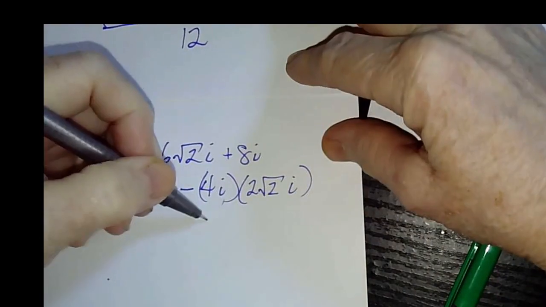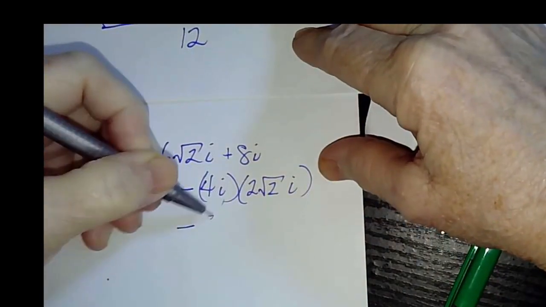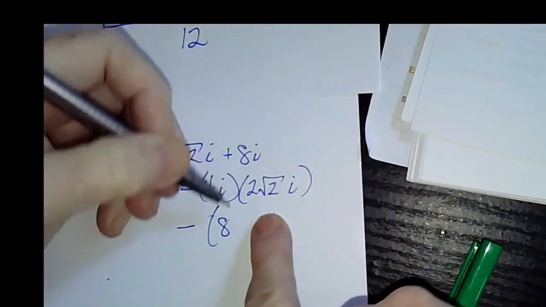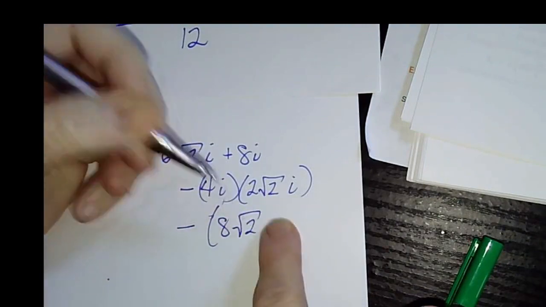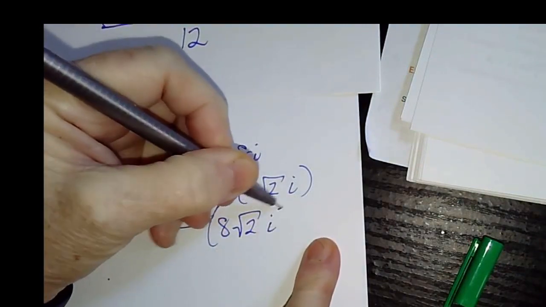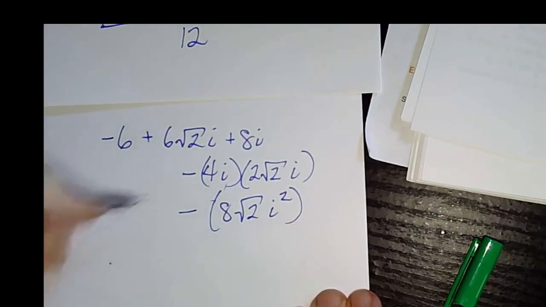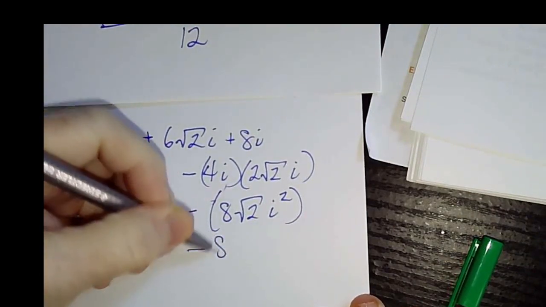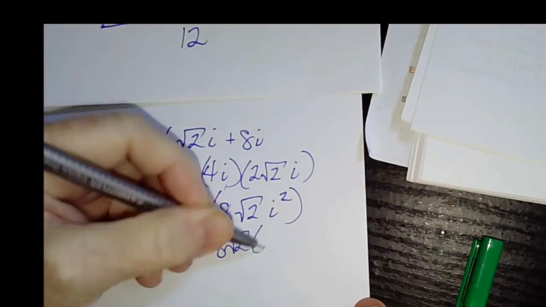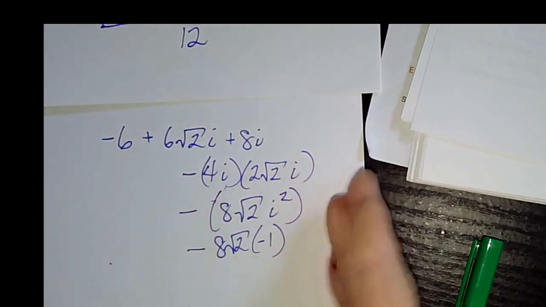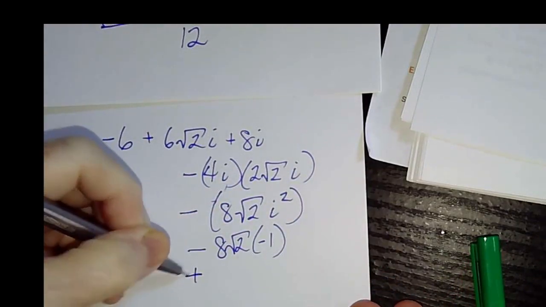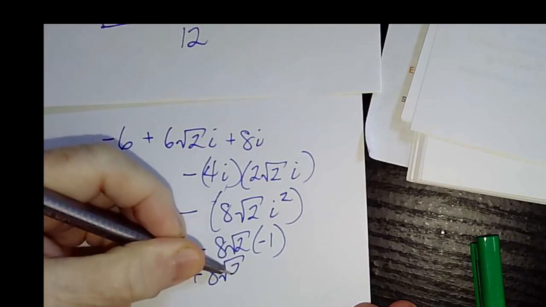Well, that's 8 square root of 2 i squared. And I remember that i squared is negative 1. So now this whole thing becomes positive 8 square root of 2.